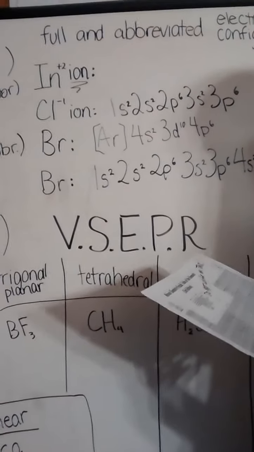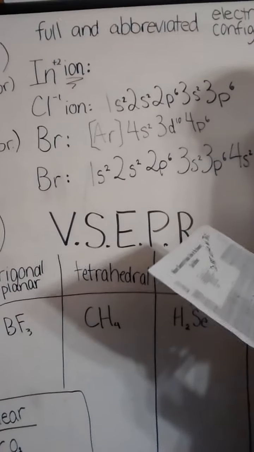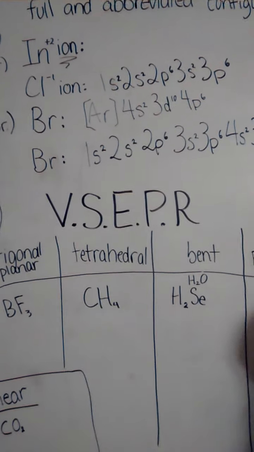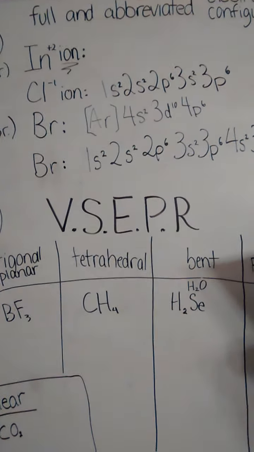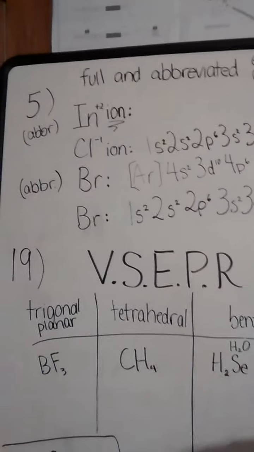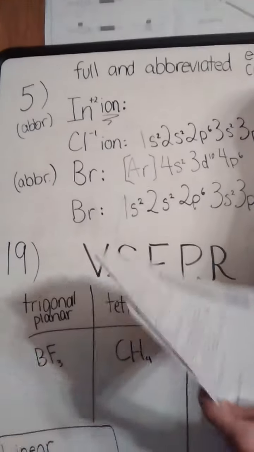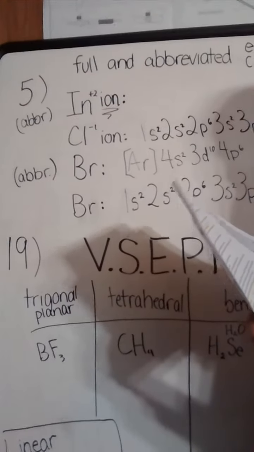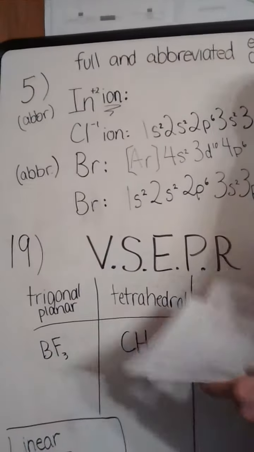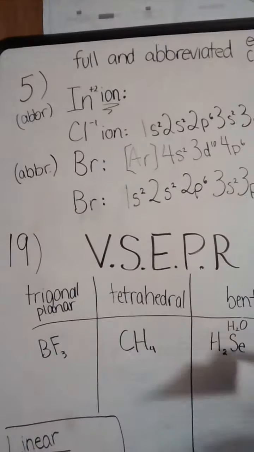Then this is a tricky one. Indium ion. Remember, you always take from S and P first. So I wrote this down. I'm going to write this in abbreviated form. The original normal form would be krypton, which is its closest noble gas, plus 5s2, 4d10, 5p1. But because it's +2, we're going to have to take 2 electrons away.